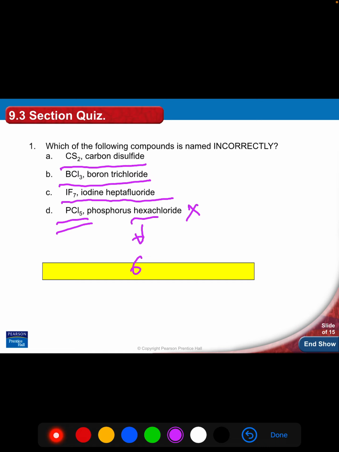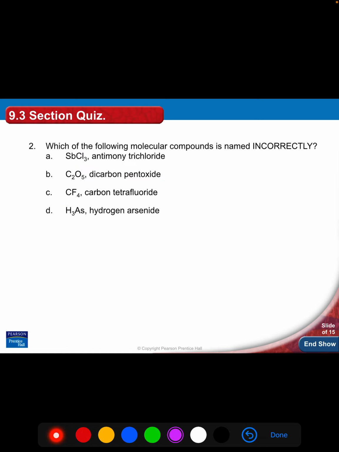So if you look at a few more examples, there's only 2 more, and then we'll go straight to our assignment. You have the same sort of question. Which of the following molecular compounds is named incorrectly? I like this kind of question because it very quickly allows me to test 4 different things. But here's antimony. The symbol is Sb. Trichloride. That's correct.